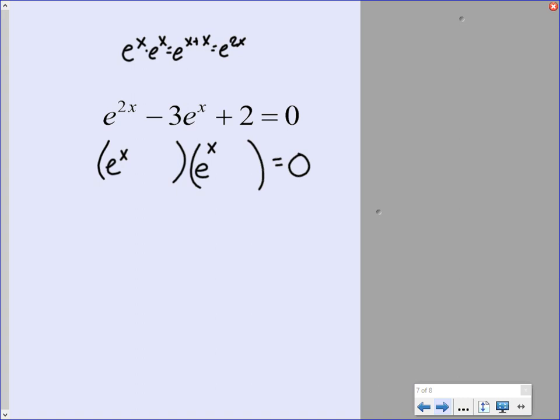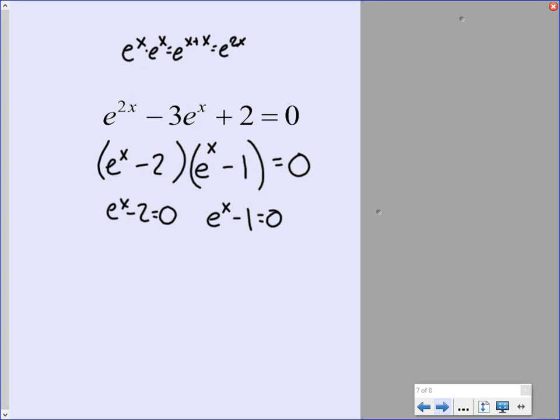Do you have factors of positive 2 that add to make negative 3? Negative 2 and negative 1. Now set those factors equal to 0. Once you figure out the factoring piece, and that to get e to the 2x it's got to be e to the x and e to the x, it actually works out real nicely. Pretty easy to solve.